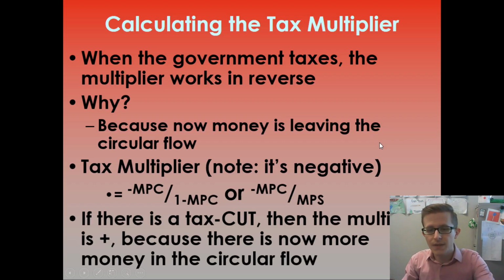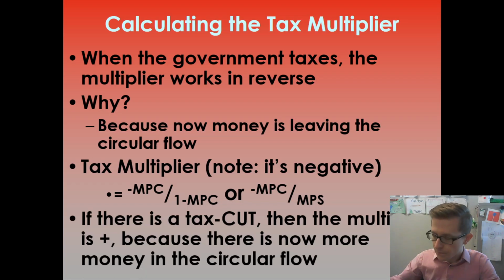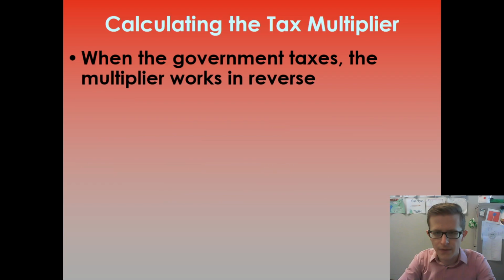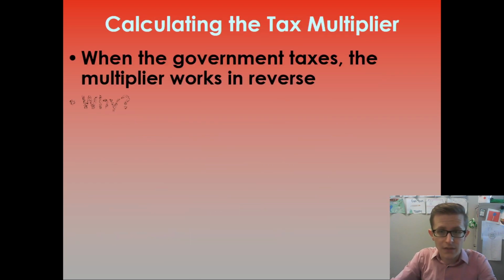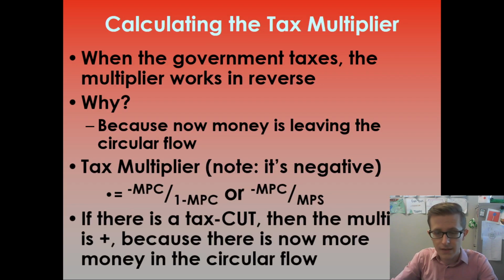Something to note with this, like it says right here, it's going to be negative, so it'll be negative MPC divided by MPS, or negative MPC divided by 1 over MPC. But note something different with this, right? What's different? Yeah, it's 1 on the spending, whereas with the tax, it's MPC that is on the top.